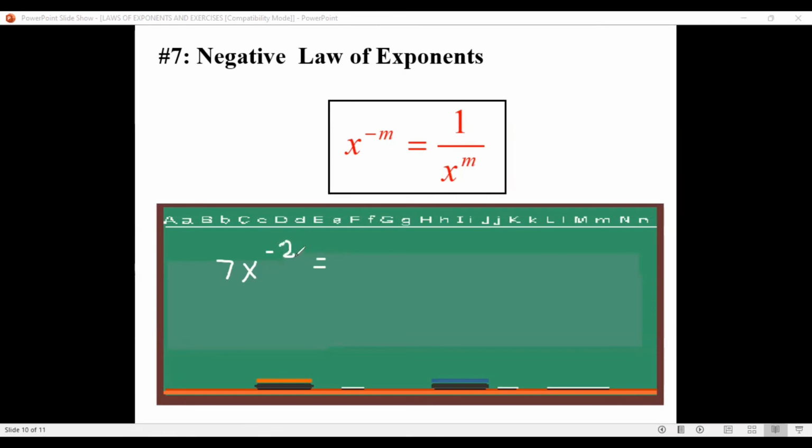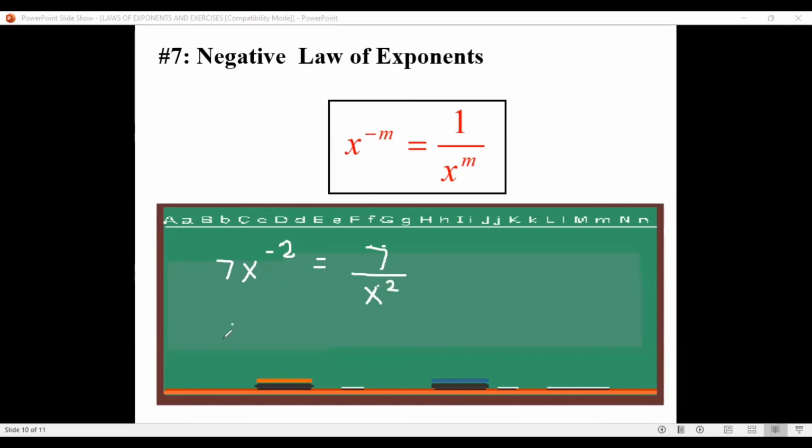The negative 2 is the only one which is raised to the second power. Therefore, the 7 remains as the numerator, while the x squared is the one that you have to reciprocate. So we have now 7 all over x raised to the second power.